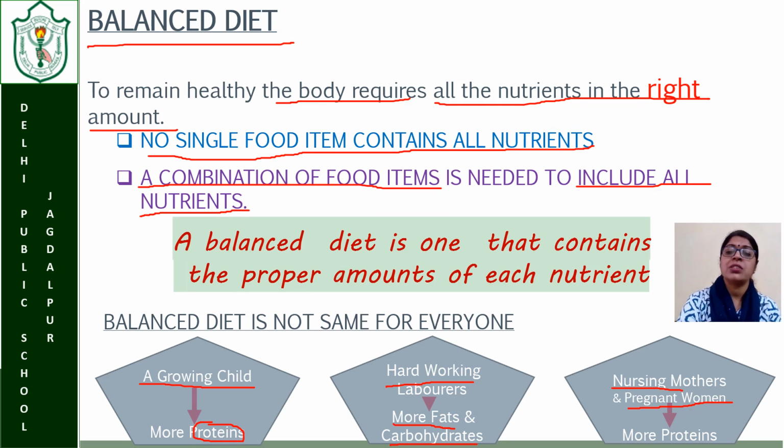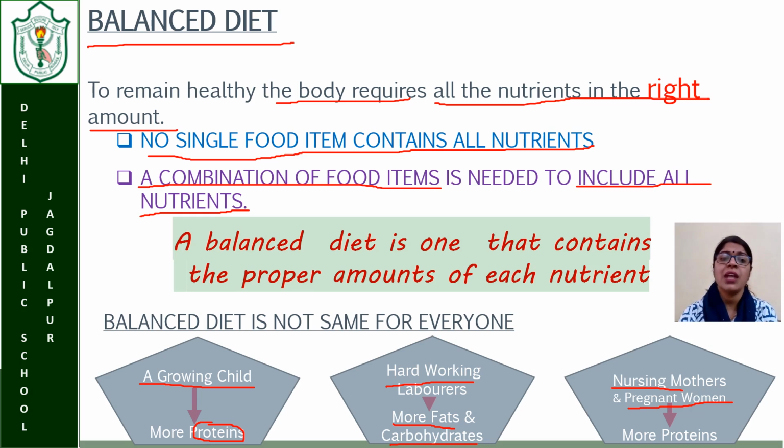Because in her own body, new life is growing. So they need more proteins, which means more dals, fish, milk and eggs. But in the case of fats and carbohydrates, laborers need more rice, they will eat more sugar, they will eat more ghee.